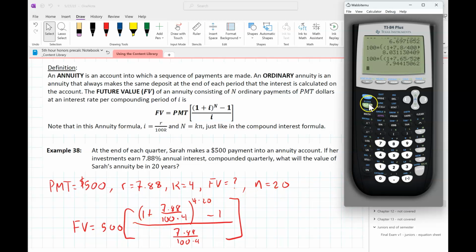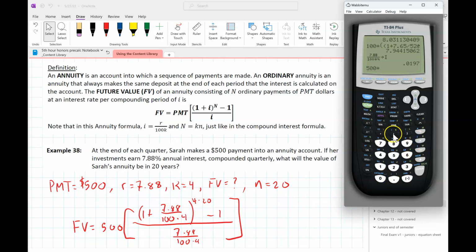So what I'm going to do is take advantage of the STO command. So I'm going to do the 7.88 divided by 100 times 4. And I'm going to store that by pressing the STO button into the letter I. So now, when I type this in, it's going to be a little less confusing.